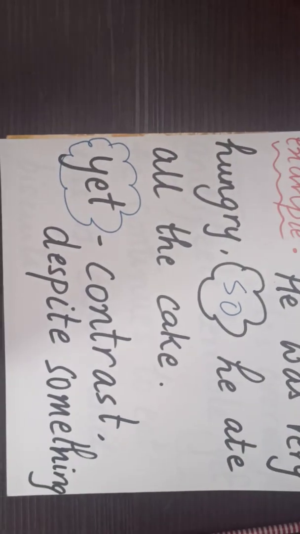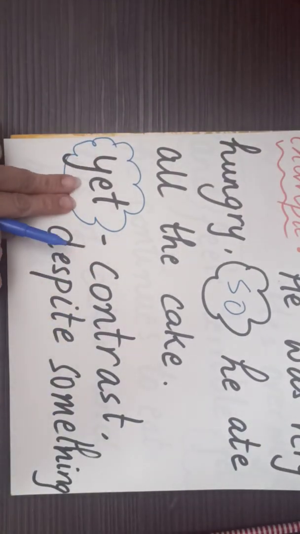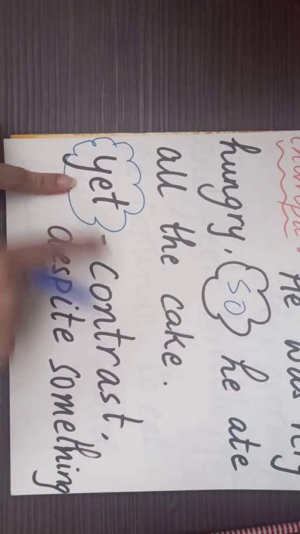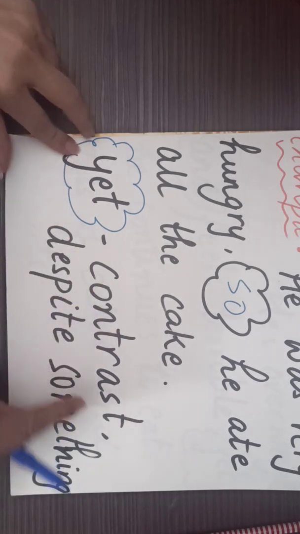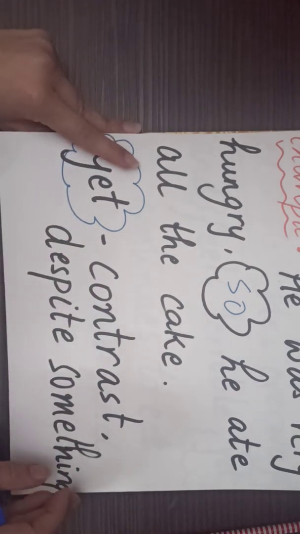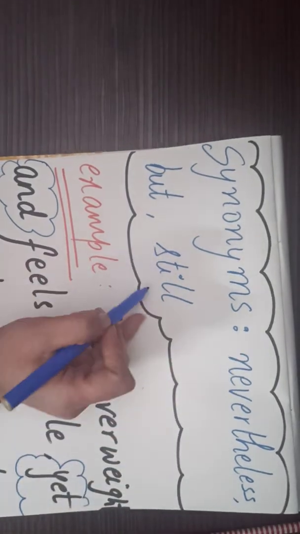And now in Fanboys, the next which we are going to look into is yet. This is yet, which means contrast, despite something. And you know what? Yet has synonyms like nevertheless, but, or still. These are its synonyms.